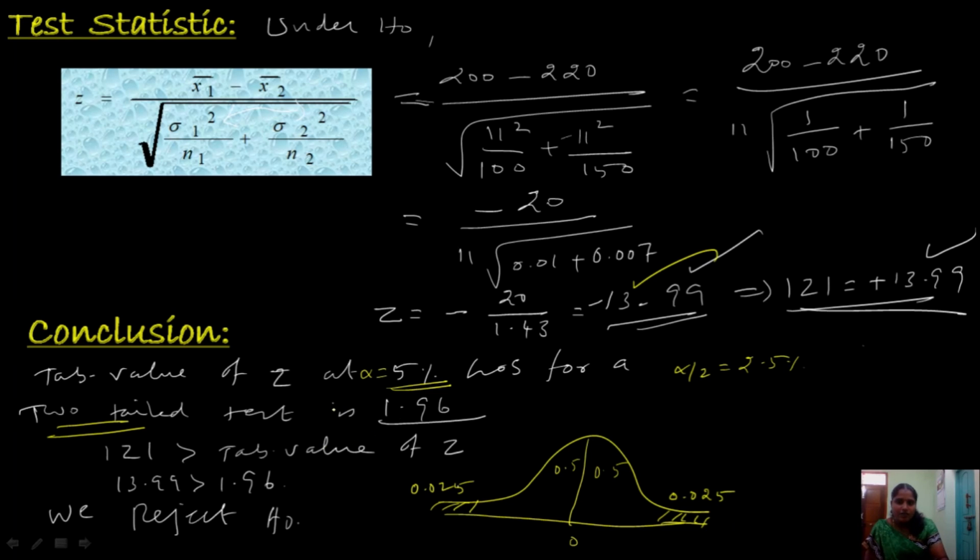Also the table value of z is z equal to minus 1.96 at this point, and z is equal to plus 1.96 at this point. So if my calculated value falls in this region, definitely I am going to accept my null hypothesis. So this is my acceptance region.